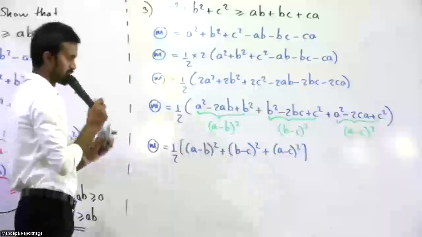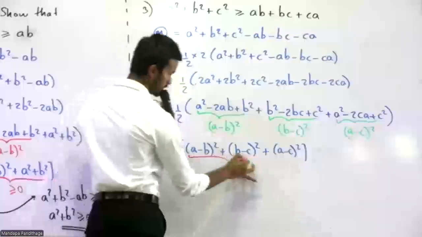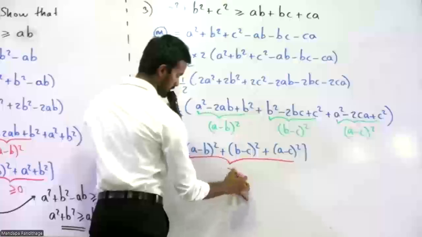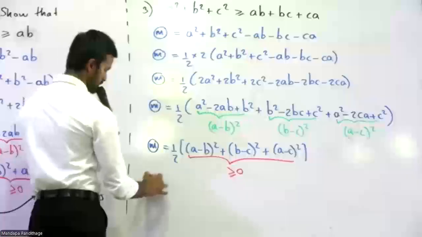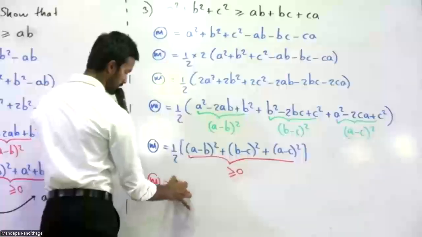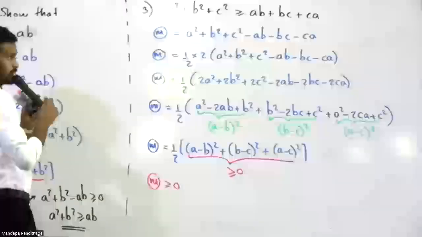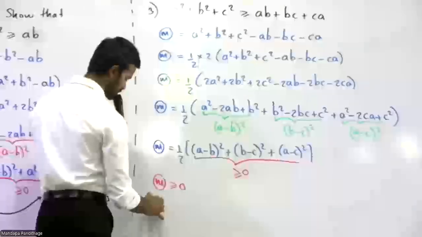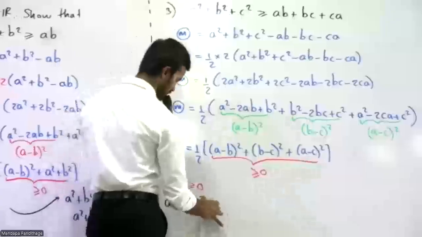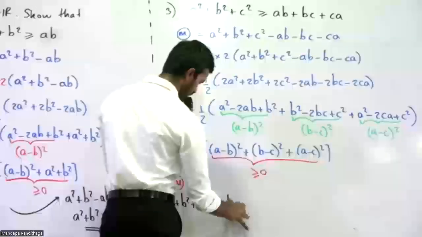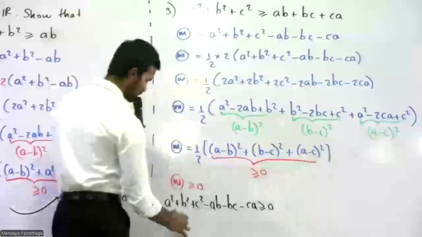When we have squares, all are greater or equal to 0, which means M is greater or equal to 0, because even though it's half, there's no difference when you divide a positive number by 2. You get a squared plus b squared plus c squared minus ab minus bc minus ca is greater or equal to 0.